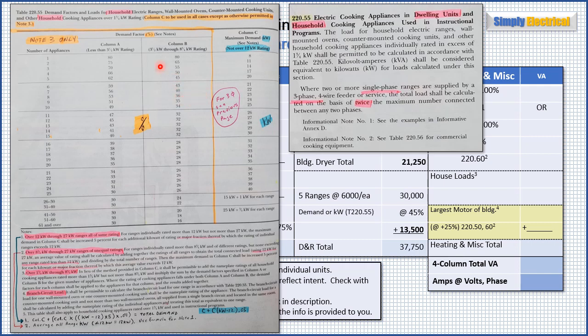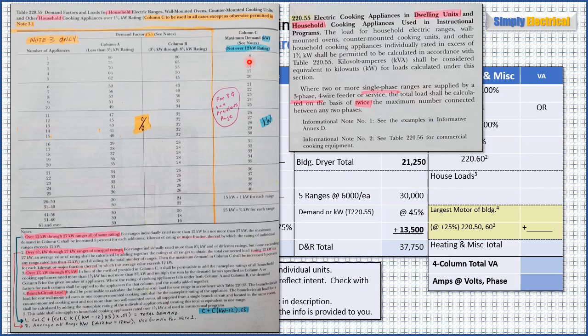So it's really pretty simple and intuitive, really. Now, if you're taking a test and they're asking you for the minimum for a particular range calculation, you're going to need to use column A or column B if your range or your cooking appliance happens to fall in these categories, because that will most likely almost always be the lesser value. If you just go to column C every time, your value is generally going to be a little high. You know, you'll have a little cushion built in, which isn't a big deal.